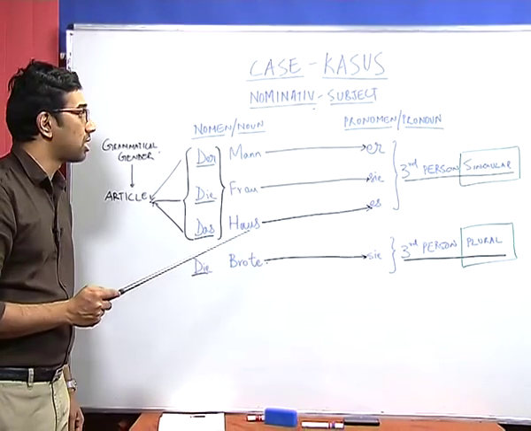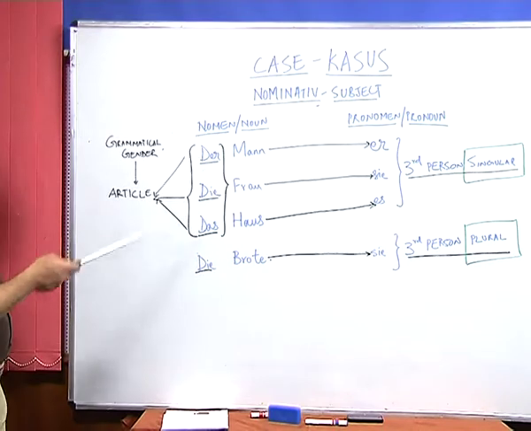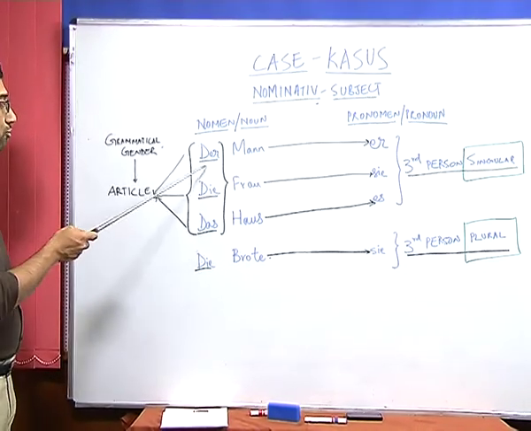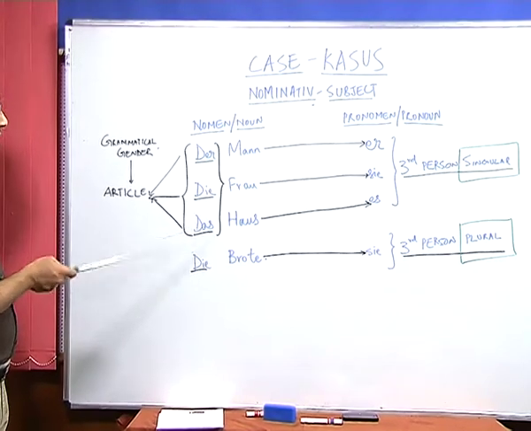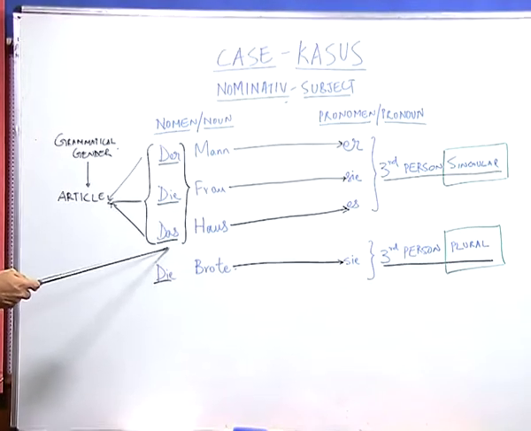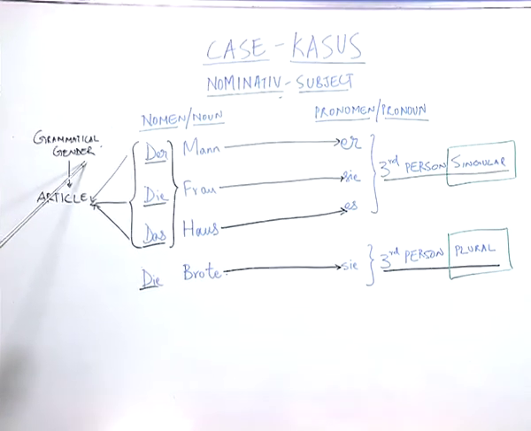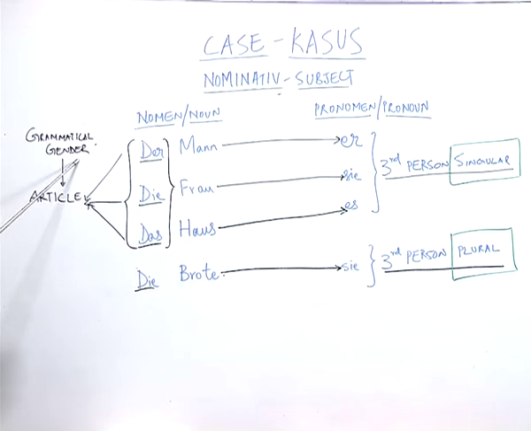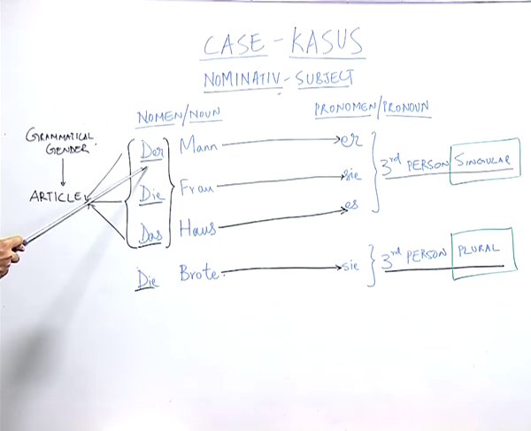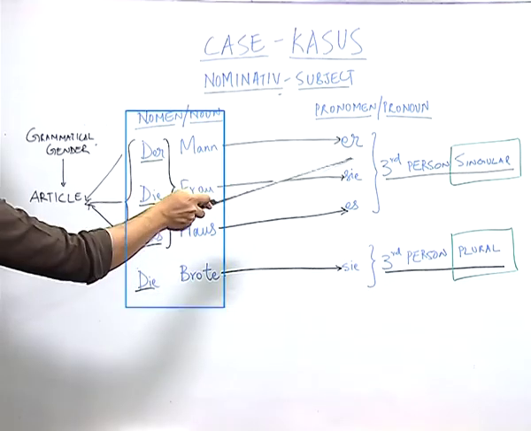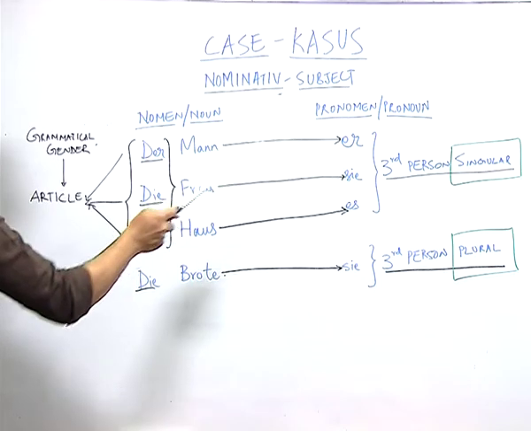In German, there are 3 articles, or let us say 4 articles, out of which 2 are the same, and these 3 articles are also linked to the grammatical gender. Der Mann here refers to the masculine er.